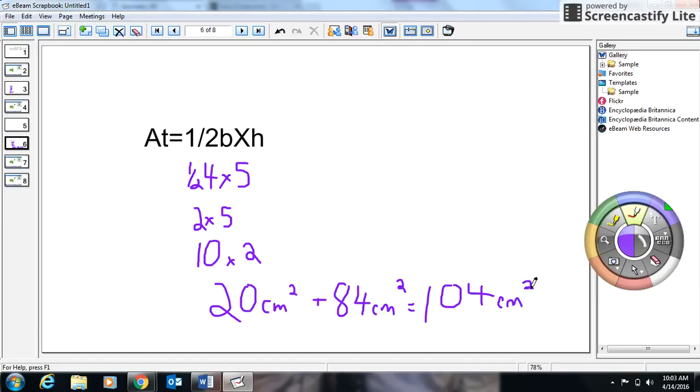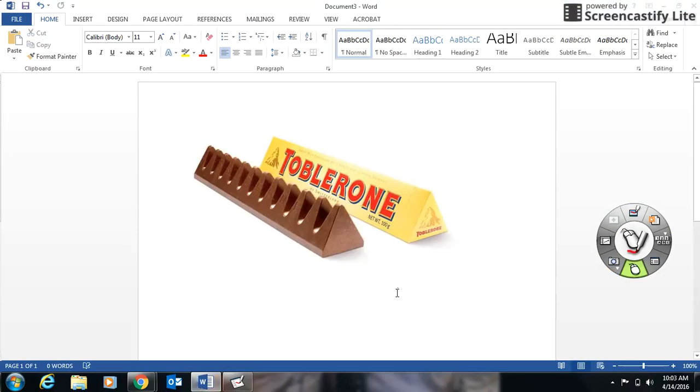So I actually need to find gift wrapping that would cover 104 square centimeters, and I'm buying my gift wrapping to wrap this lovely Toblerone, tasty Toblerone bar.